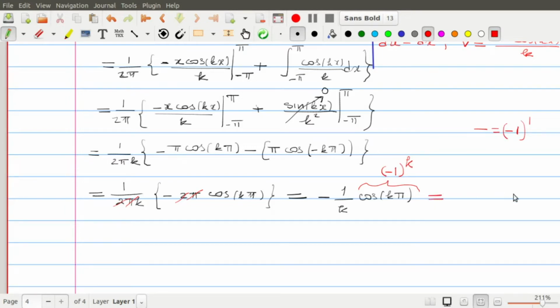So this gives us negative 1 to the k plus 1 by k. So that is the expression of our bk.